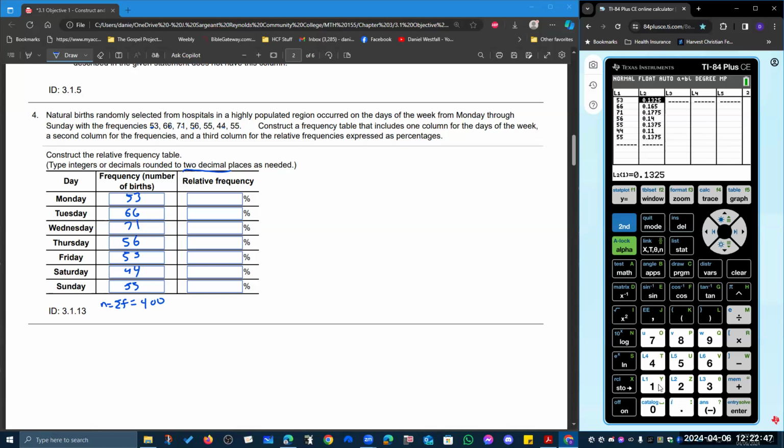So this is 13%, that is 17%, that's 18%. Sorry, I should be going to the nearest hundredth of a percent here.